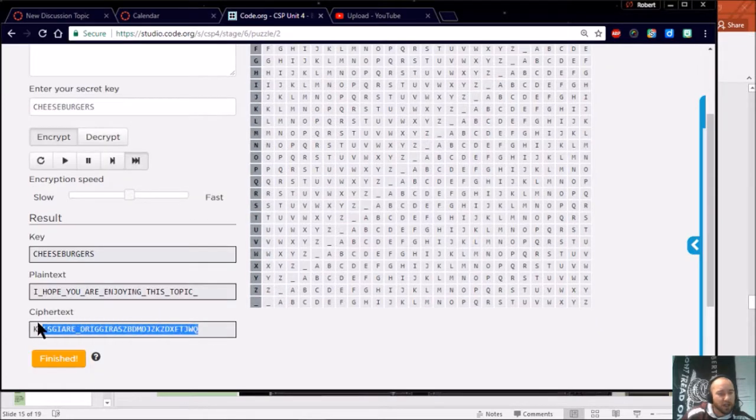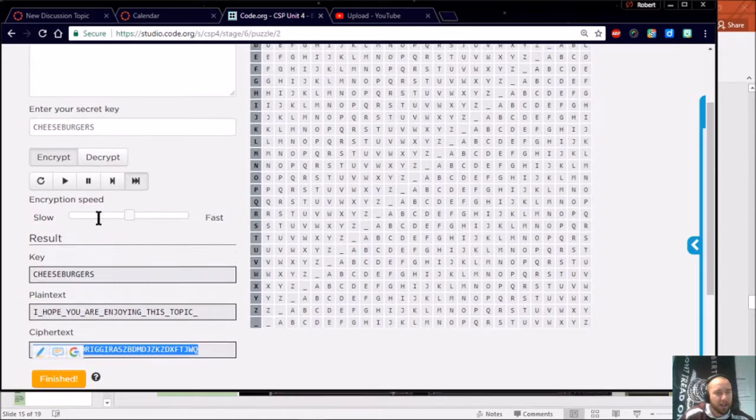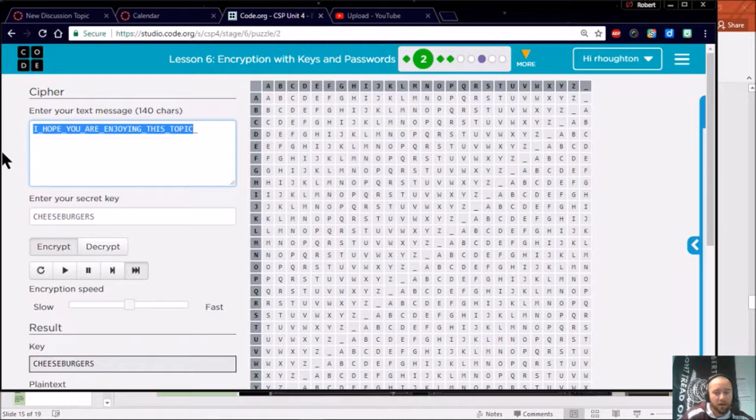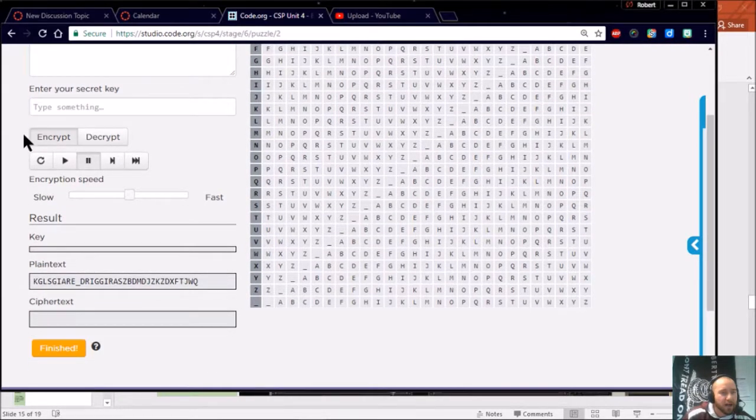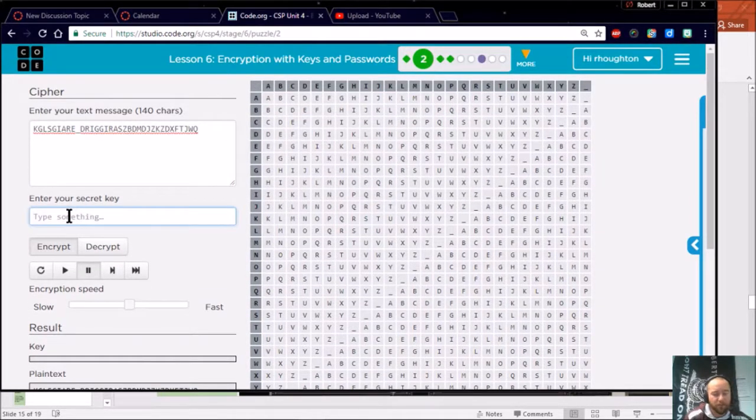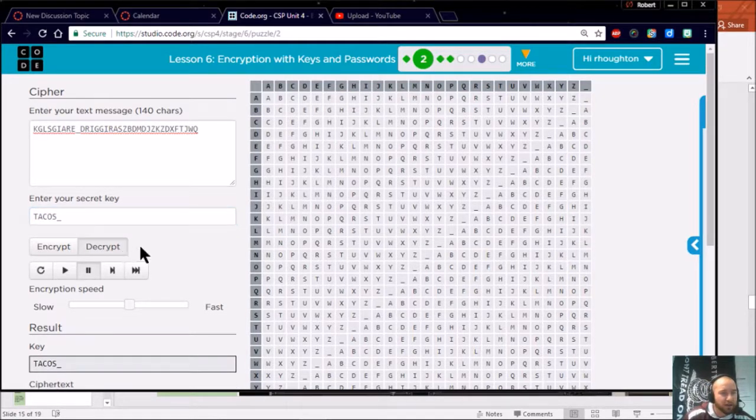So then you can take this, I'm going to copy it, I'll put it up here, and then I can delete the key and try something random. First I said cheeseburgers, let's say here I say tacos, so then I'm going to click decrypt. I'm going to take this ciphertext and try to figure out what it means.